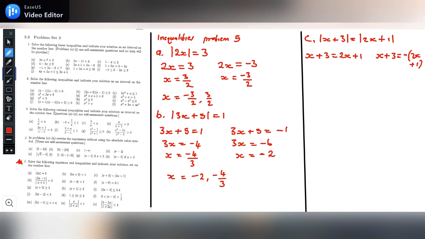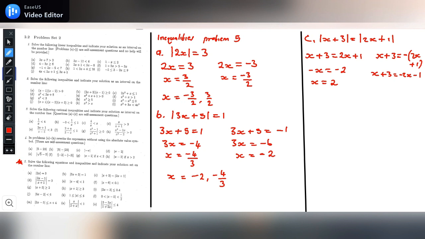Therefore, when we solve for x, x minus 2x is going to give us negative x. 1 minus 3 is going to give us negative 2. Therefore, x is equal to 2. Then here we're going to have x plus 3 equals negative 2x minus 1. So you can see that we change these values.